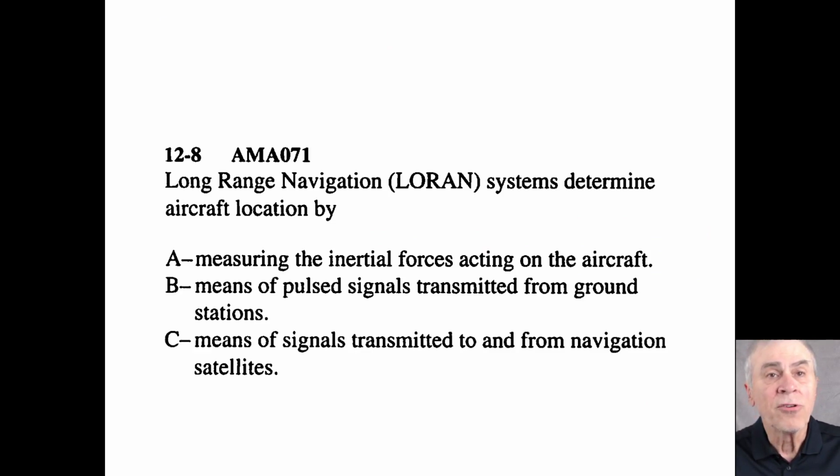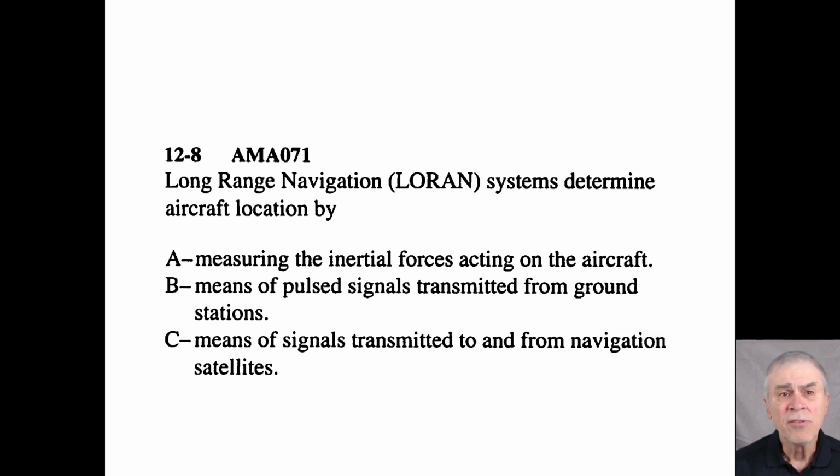Some of these questions may have been dropped, but just in case. So LORAN systems determine aircraft location by. So how does the LORAN system work? A, measuring the inertial forces acting on the aircraft.